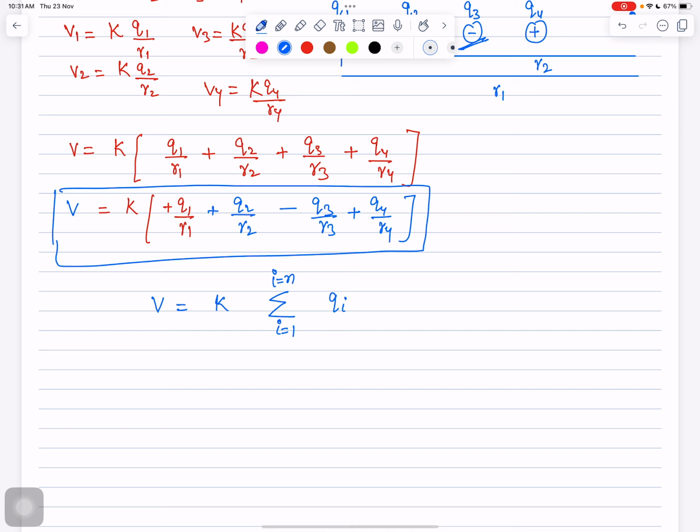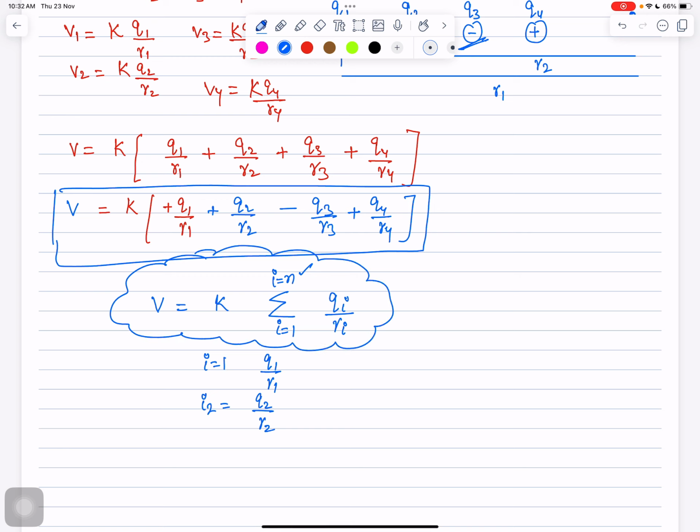Qi divided by Ri. When you put i equal to 1, you will get Q1 over R1. When you put i equal to 2, Q2 over R2. Do you understand? Up to n value. So this is called a summation value.